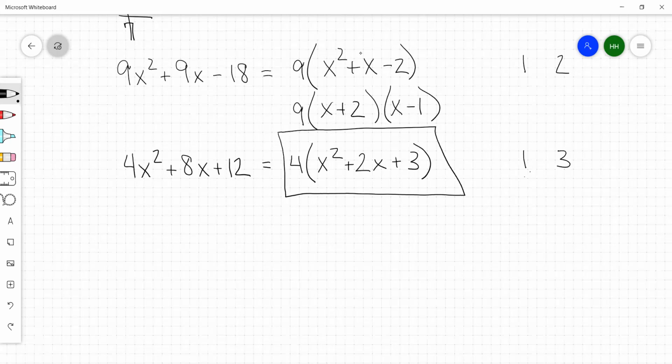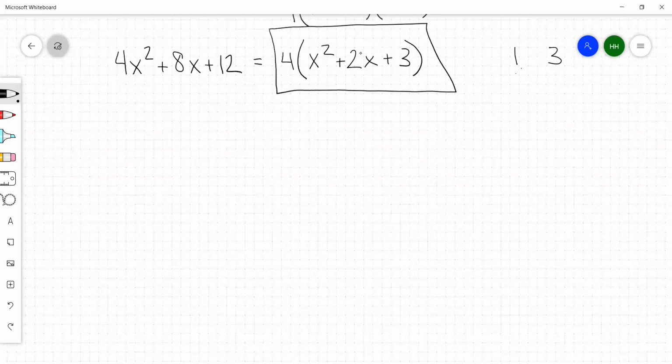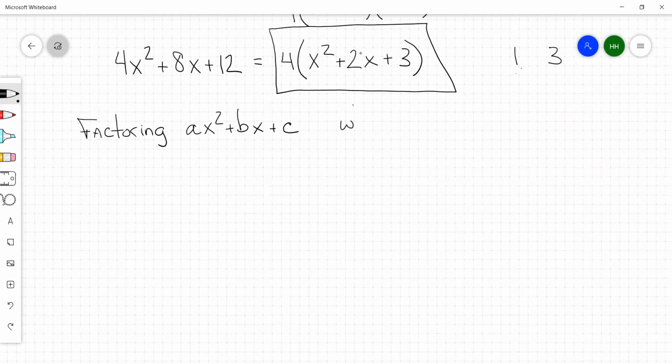Okay, second part of your assignment today. This is factoring ax squared plus bx plus c, and this is when the absolute value of a is not equal to 1.